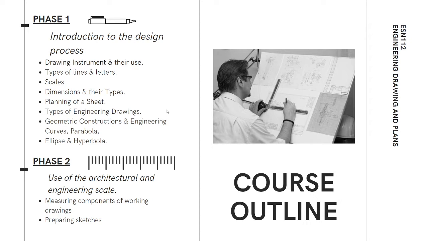I think that is self-explanatory: which instruments and which materials to use so we can draft manually, meaning by hand, like what this guy is doing in this picture. Next is the types of lines and letters. When we do lettering or draw a plan, there are specific rules that should be used.